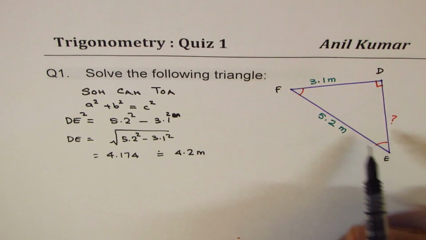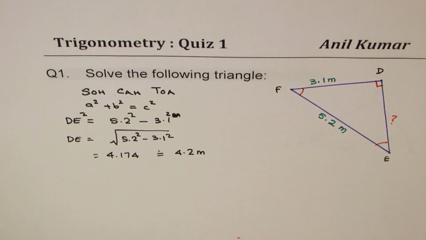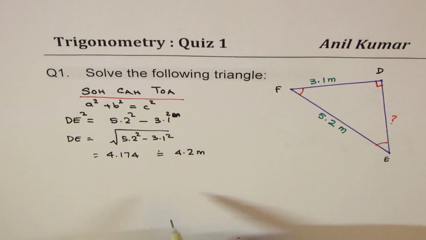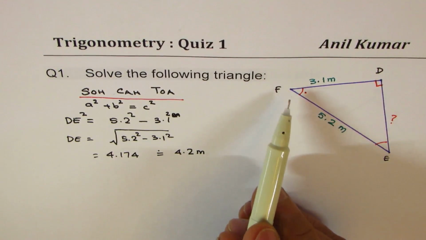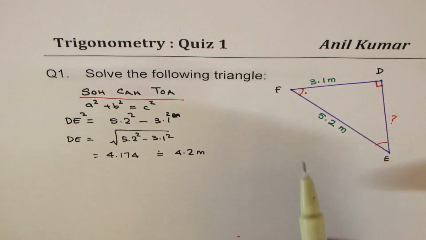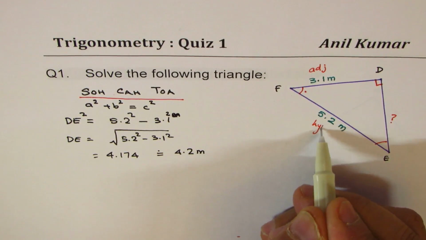Now to find the angles, since it is a right triangle, we can apply the trigonometric ratios. If I have to find this particular angle, angle F, then what is given to us is the adjacent side and that is the hypotenuse.